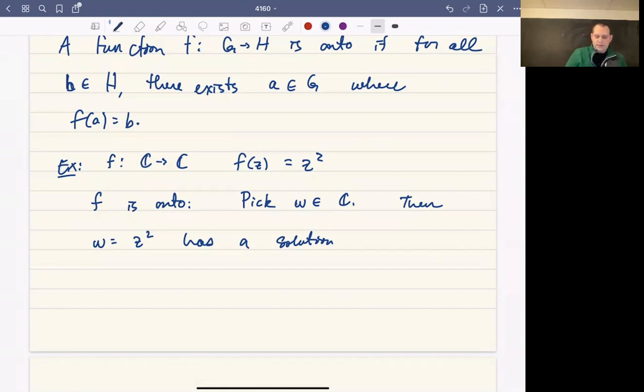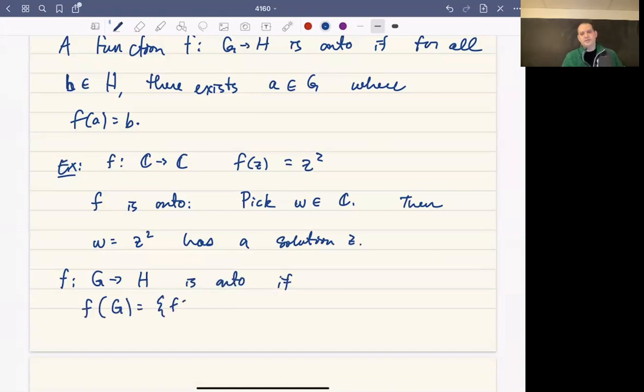Another way to think about onto: f going from g to h is onto if the range of f, in other words, the set of images of f, the values f of x such that x is in g, is equal to the codomain.